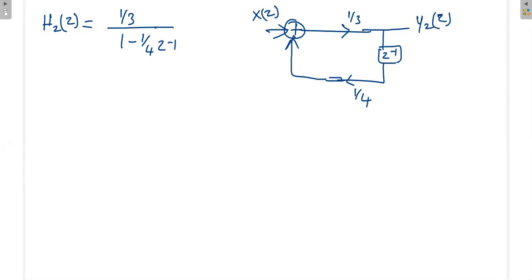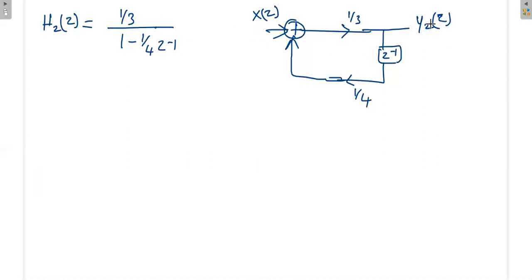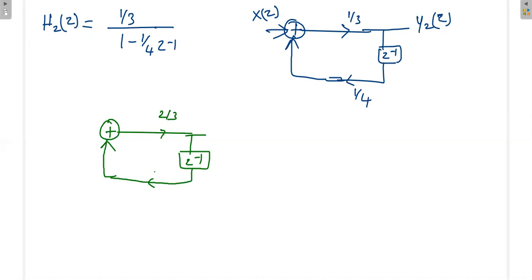Now we have to combine these together. If you observe, in both the cases the input is the same, the output is different, so we have to add the outputs together. Once we combine both the diagrams, 2 by 3, same input.